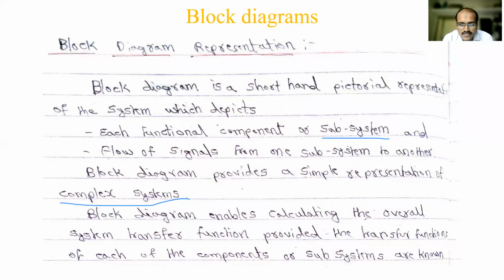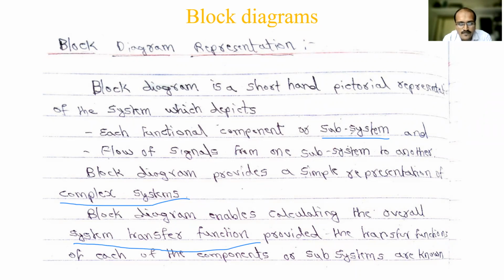Block diagram enables calculating the overall system transfer function. So with block diagram reduction, you will find the overall system transfer function, provided that the transfer function of each of the components or subsystems is known. Each subsystem will have its own transfer function. What is a transfer function?